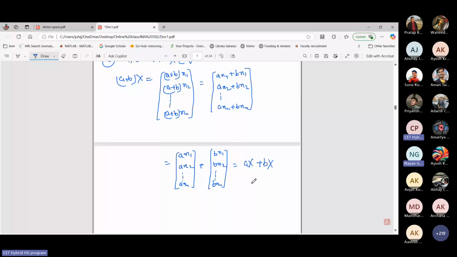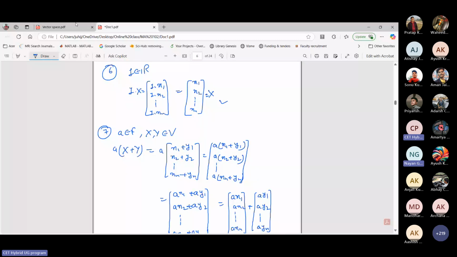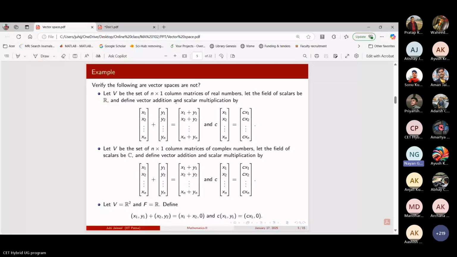So what we have seen: if we take this V as the set of n cross 1 column matrices whose entries come from real numbers, and define two operations like this, then this is a vector space.